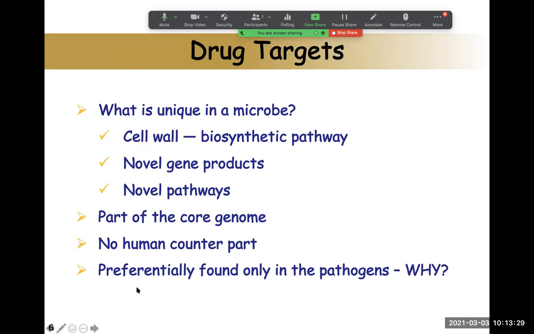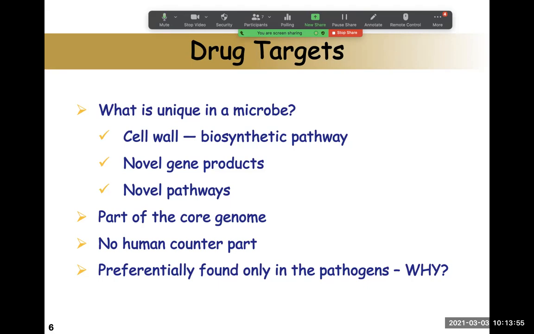And like what Joseph said, you want to focus on what is unique to a microbe, which often is the cell wall. It's not necessarily the LPS, because lipopolysaccharide is still a membrane made up of lipids, which is very similar to our cell membrane. So we do not want to give anything that would also affect the cell membrane.